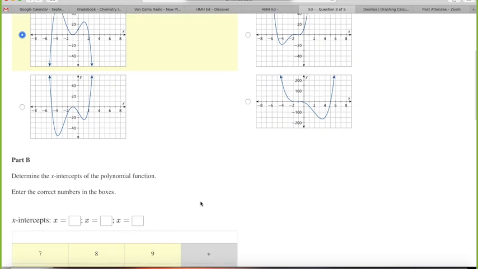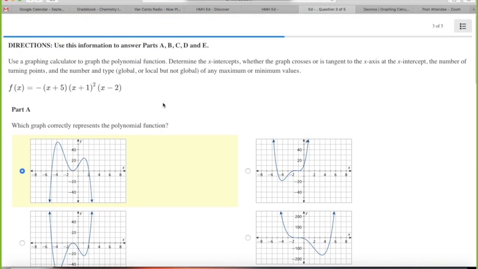Determine x-intercepts of the polynomial function. So if I'm just looking at this graph, there's one there, there, and there. So what is that? -5, -1, and 2.